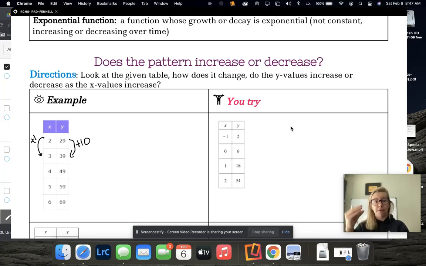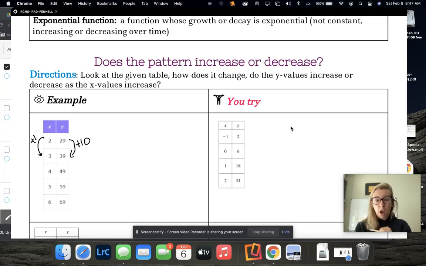So that ratio of 10 to 1 will stay the same every single time. However, if this were exponential, maybe the next time we don't go up by 10, we go up by 20 or something. So we want to look at at least 2 points now that we don't know if it's linear or exponential or something else.